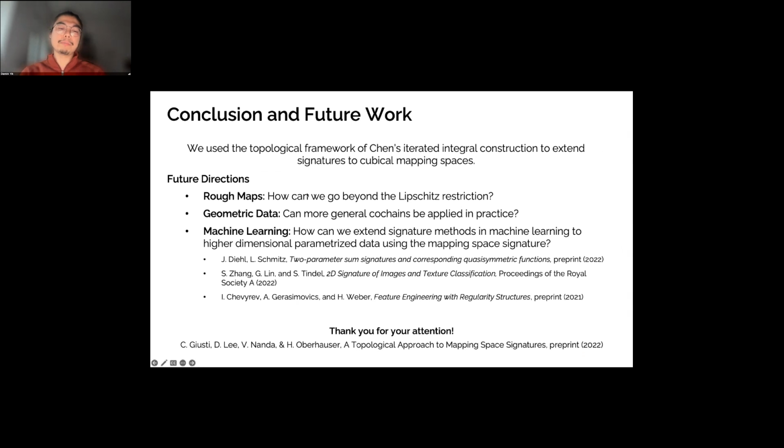So there is this preliminary work that I cite here, which does use some of the signatures, although there are currently different definitions of 2D signatures that are used, which is also one of the reasons why we wanted to further understand the theory of this one particular definition that we developed, and see if we could prove some of the properties that we have in the one-dimensional setting.